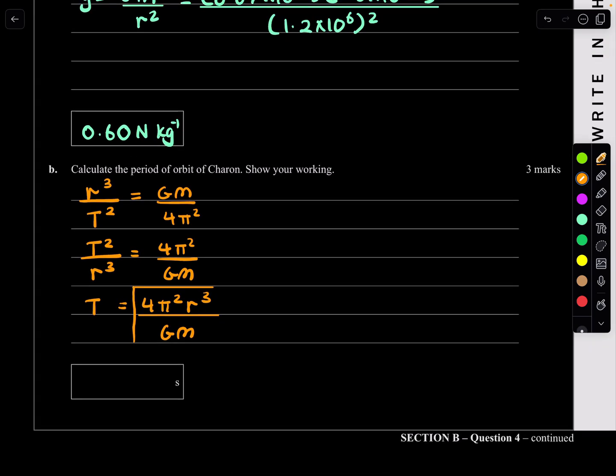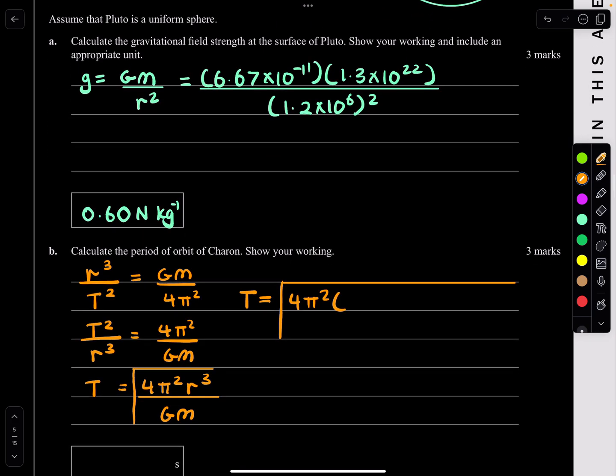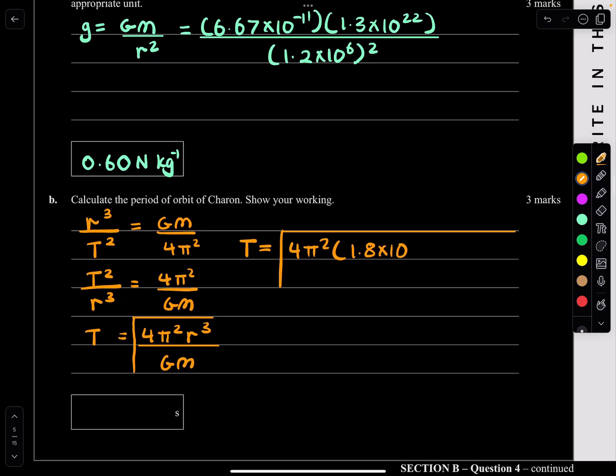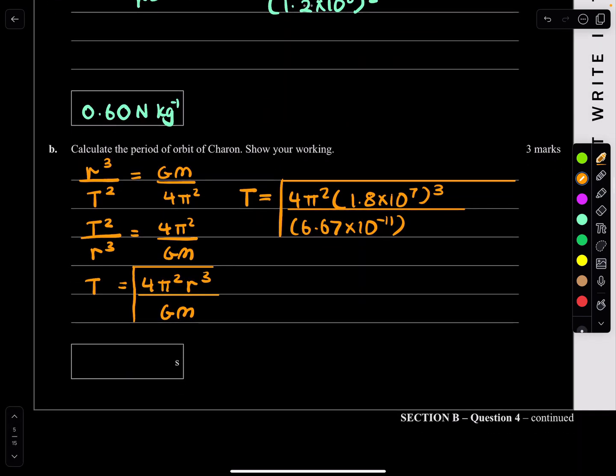And that's our formula to find the period. Easy. So let's put that there. Your period is just the square root of 4 pi squared, your radius of orbit, which we said is 1.8 times 10 to the power of 7, cubed, all being divided by G, which is 6.67 times 10 to the negative 11, times the mass.